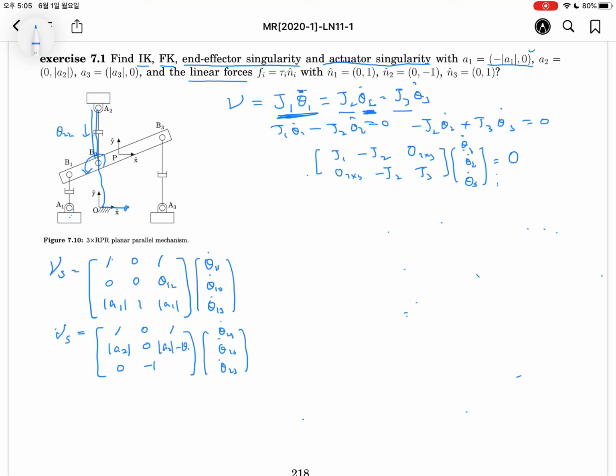So a2 magnitude minus theta 22. There is no y. This will be the 0. Okay, it must be the J2 and J3. J3 is about the third leg. Theta 31 dot, theta 32 dot, theta 33 dot. Okay.